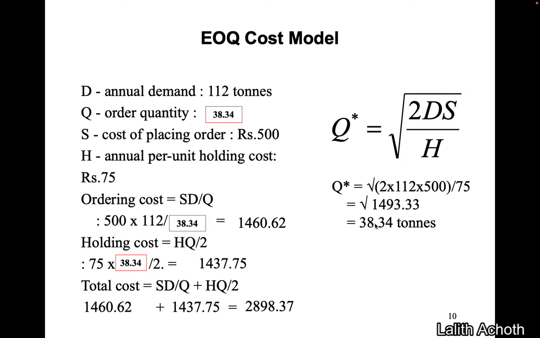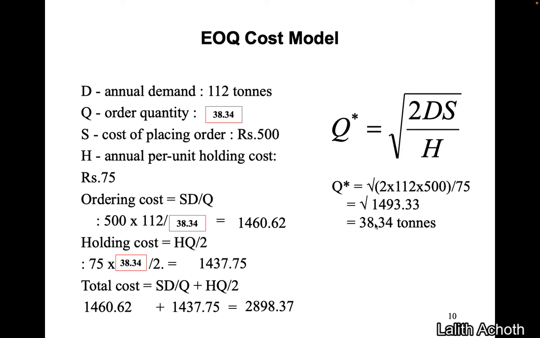And similarly, if you take a smaller quantity, suppose you say, no, I don't want to buy it at such large cost, I will buy only 10 tons at a time. Then my calculation becomes 500 into 112 divided by 10. My ordering cost becomes 5,600 and my holding cost becomes 75 into 10 divided by 2.